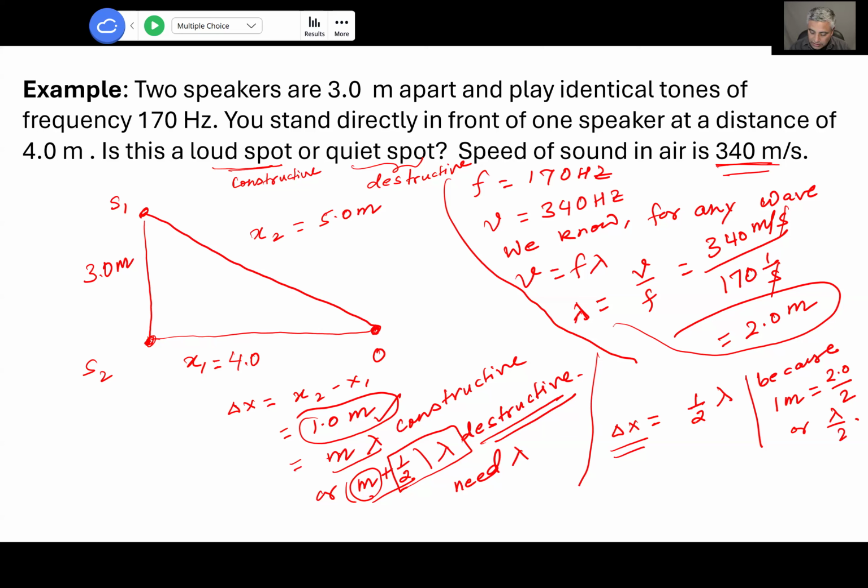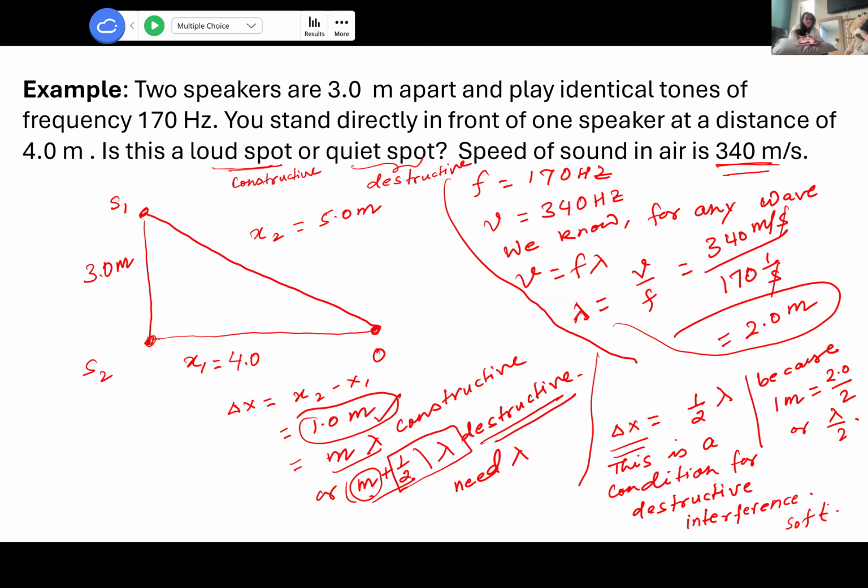So this is a condition for destructive interference. Therefore, it's a soft spot.